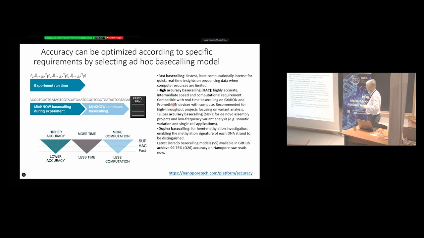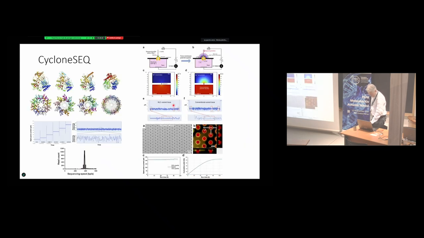So the latest one is Dorado, that we are not necessarily using all the time because, at least in our hands, it has been super slow, but it can increase quite significantly the quality of the score, the accuracy to 99.75%. And so we are getting some quite good data with this type of technology as well now.